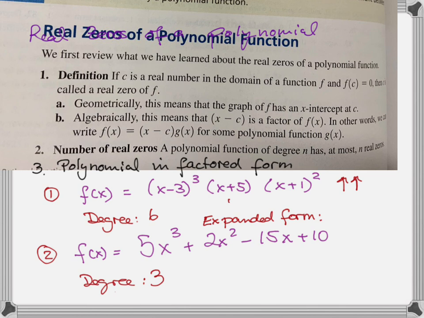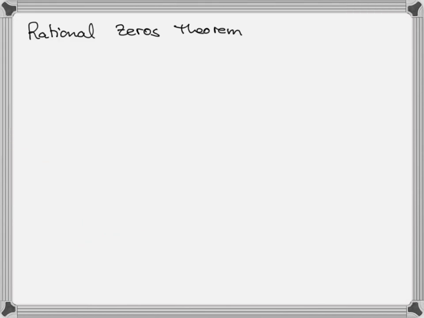Down and up, because the degree is odd and the leading coefficient is positive 5. Okay, so now I don't give you any hint anymore. So far, I told you what the zeros are. Now, I don't anymore.